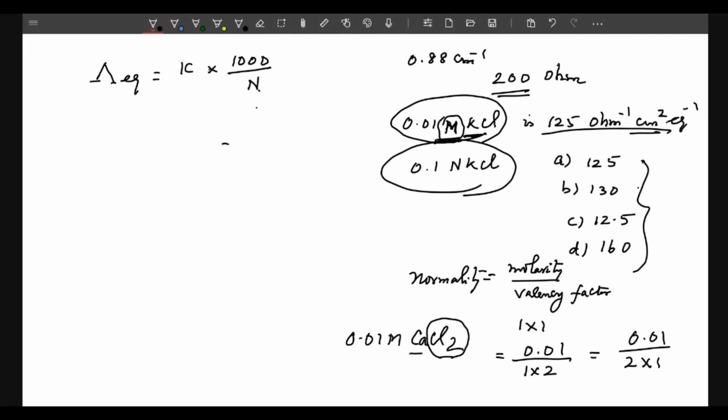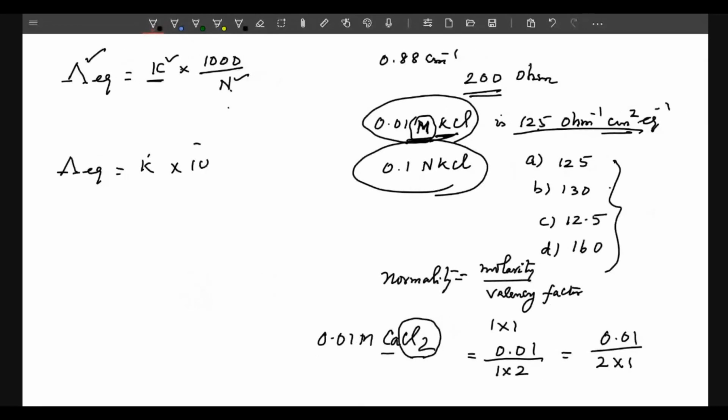If you want to calculate this lambda equivalent, you have to calculate the kappa. Some students may think it is given as 125, therefore I can calculate kappa, then take the kappa value and put it in the other equation, with 1000 by the normality 0.1 normal, then I can calculate this one, but it is not necessary for this.